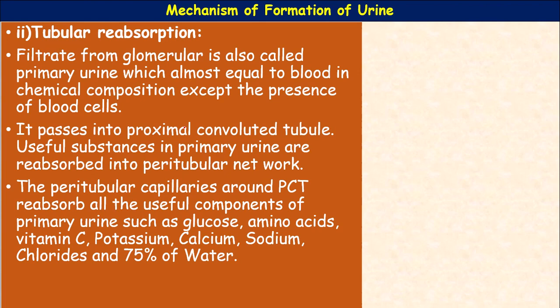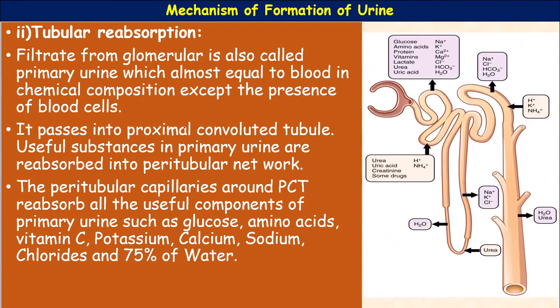So the peritubular capillaries around the proximal convoluted tubule reabsorb all the useful components of primary urine. What are they? Glucose, amino acids, vitamin C, potassium, calcium, sodium chloride, and 75% of water is reabsorbed. That's why we call it tubular reabsorption.